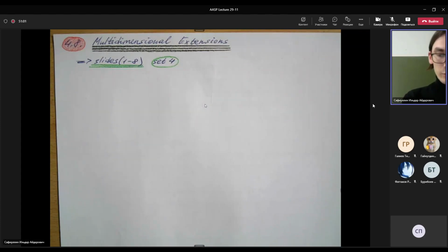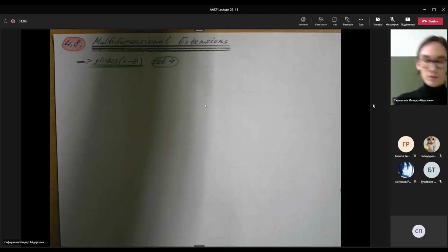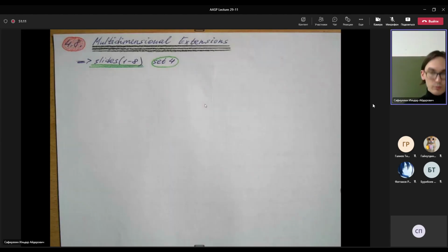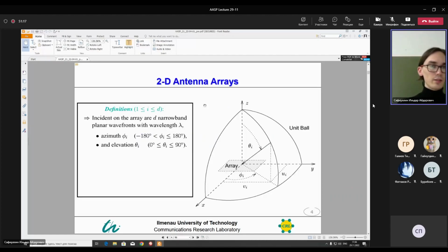And let's start with how we represent our main task in 2D. So here you can see 2D antenna arrays. We use azimuth for the angles between the x and y axes.